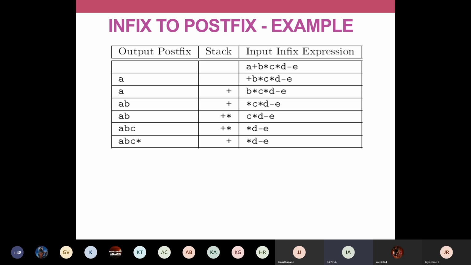You pop contents repeatedly while the stack has greater or equal precedence. Only when the stack has lesser precedence do we stop, and at that point I decide to push the star into the stack.